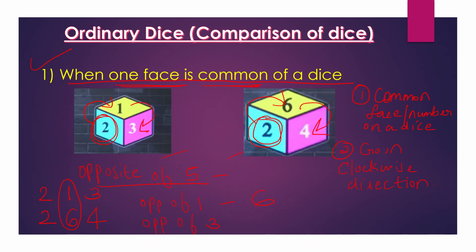The opposite of 3 will be 4. Whatever numbers you see vertically become the opposite of each other. So the opposite of 1 is 6 and the opposite of 3 is 4. Then what is the opposite of 5? Which number is left?